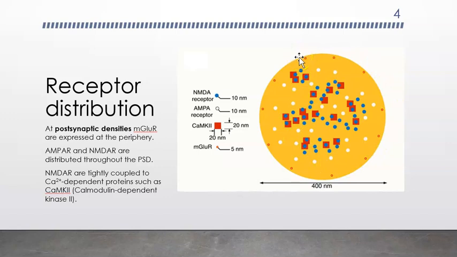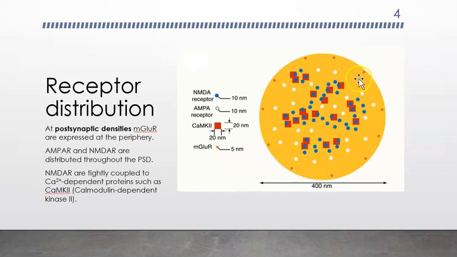But what we also see is that a lot of these NMDA receptors are coupled with CaMK2. Okay? And so this is a calcium-dependent protein that we're going to talk about in terms of plasticity. And so the role of the NMDA receptor can be closely tied to the role of CaMK2 in plasticity and learning.